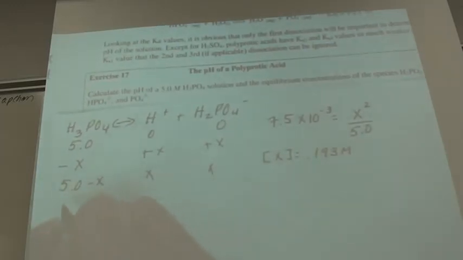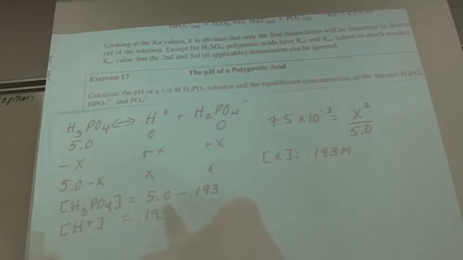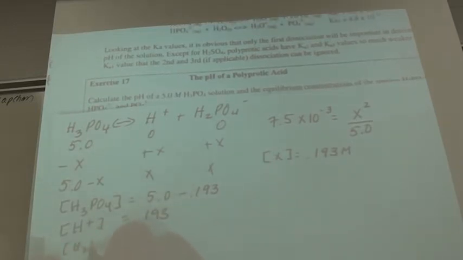All right, let's figure this out. H3PO4 is 5 minus 0.193. H plus is 0.193. And H2PO4 minus 1 is 0.193. They ask for the pH, so the pH is equal to the negative log of the hydrogen ion concentration, and that is 0.72.